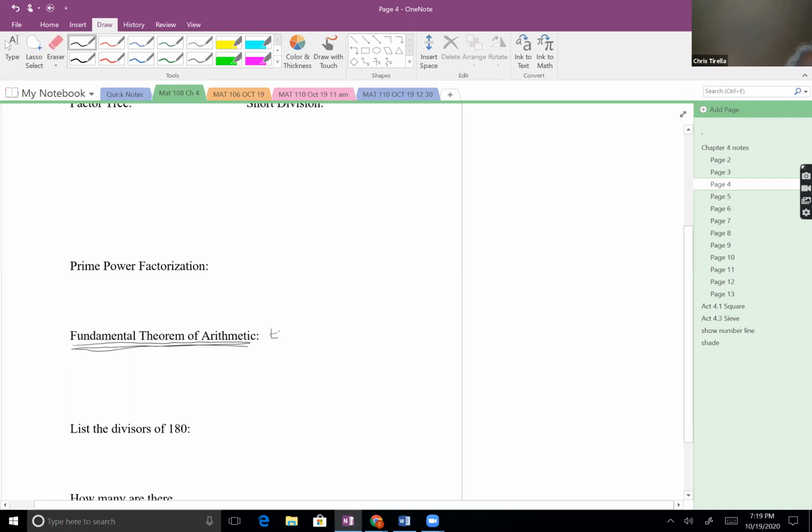And it says that every number greater than 1 can be expressed as a product of primes in one and only one way, excluding order.